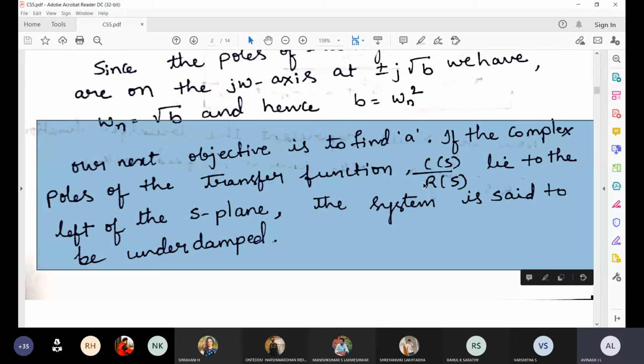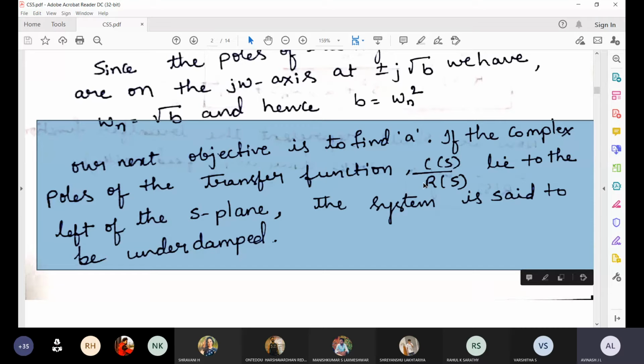If the complex poles of the transfer function C of s divided by R of s lie to the left of the S plane, the system is said to be underdamped.